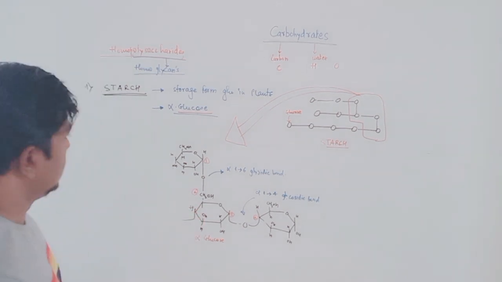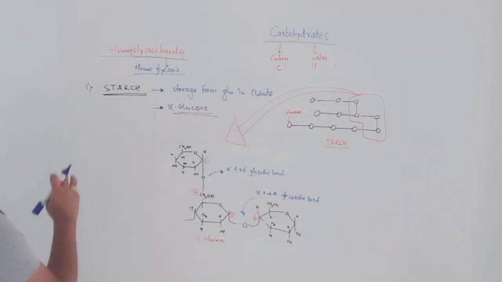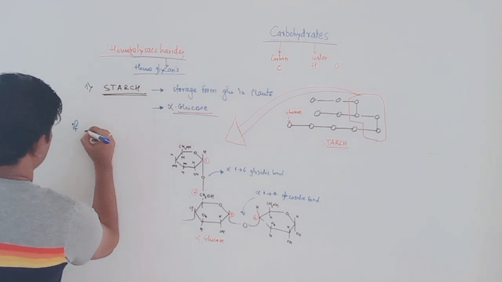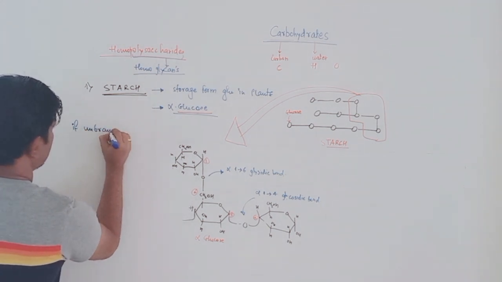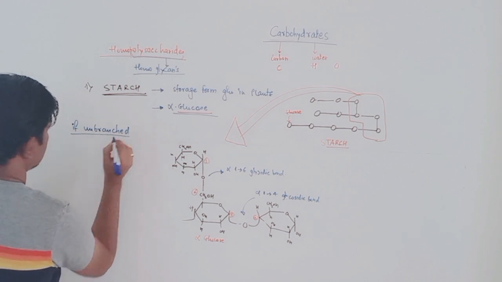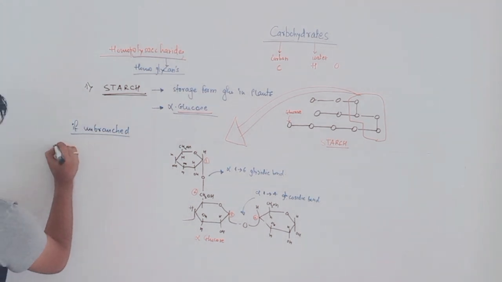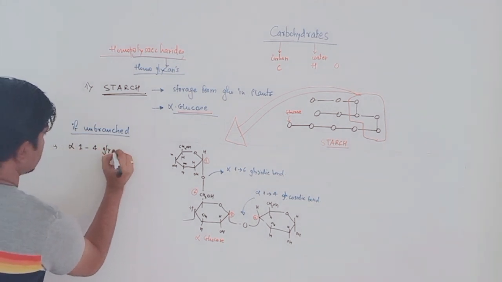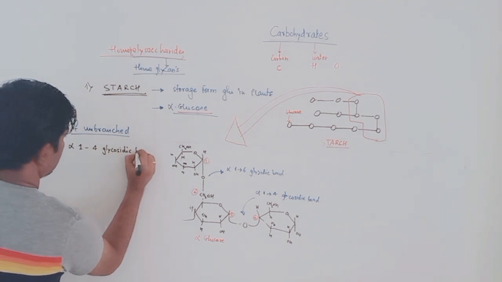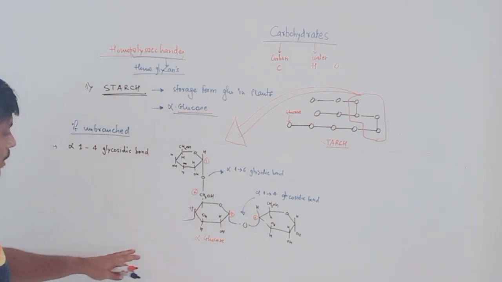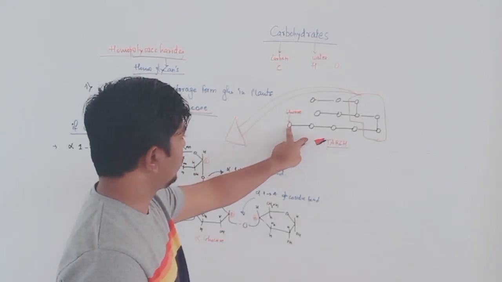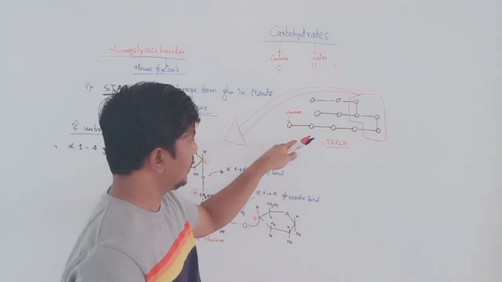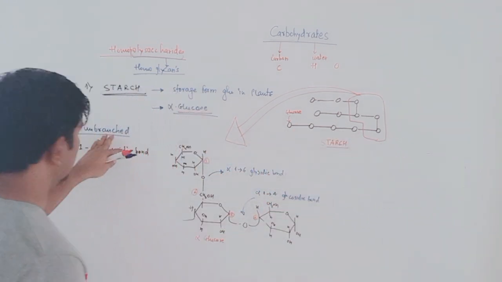Okay. So as I told you earlier, the starch molecule can be branched or unbranched. If the starch molecule is unbranched, then it contains alpha 1,4 glycosidic bonds. As you can see here, the alpha 1,4 glycosidic bonds are formed between glucose molecules that are subsequently linked to each other in a straight chain. So there is no branching.